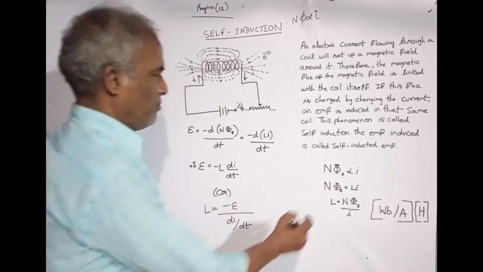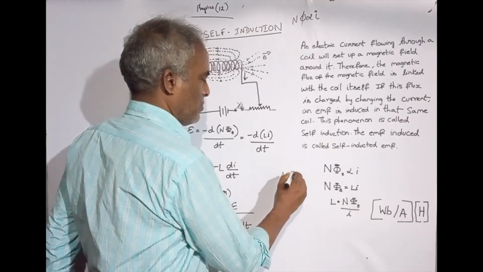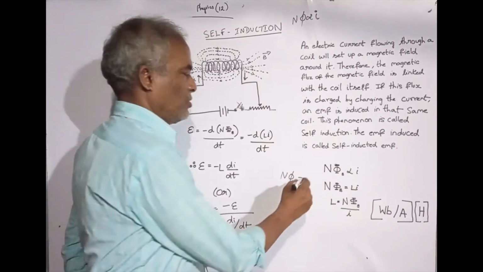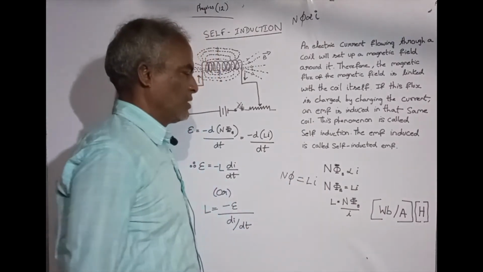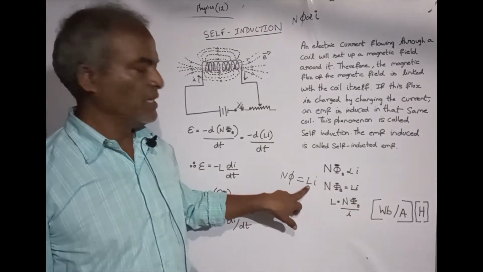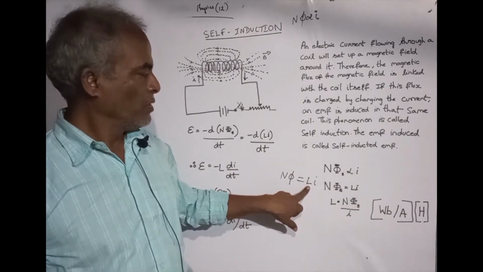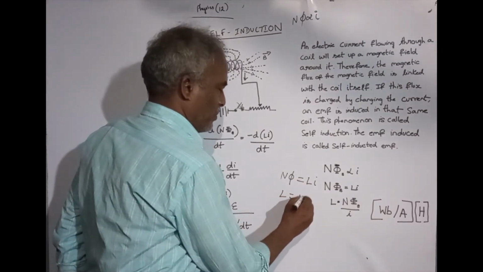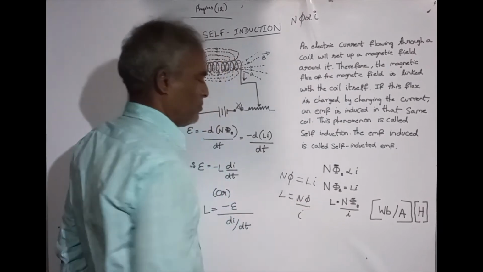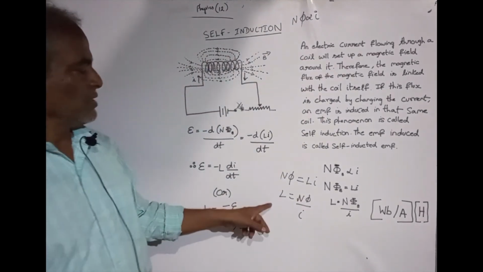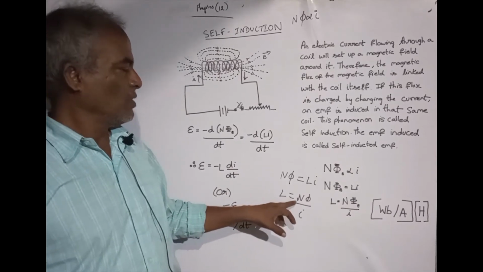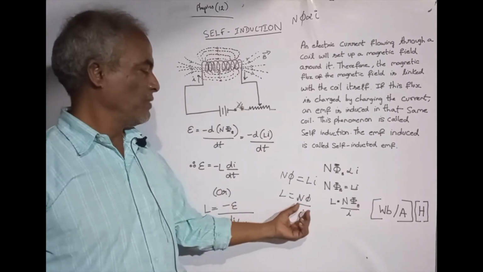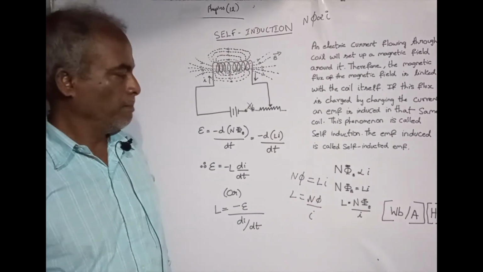Now N phi is equal to, removing the constant of proportionality, you are introducing L I. Okay. Now this L is called self-inductance. So now L is equal to what? L is equal to N phi by I. So the self-inductance of the coil depends on the number of turns and the magnetic flux in the coil divided by the current flowing through the coil.